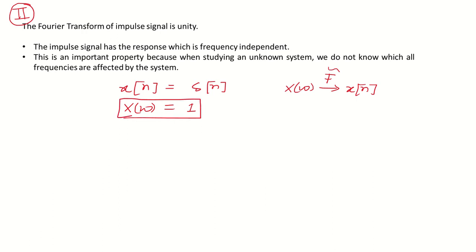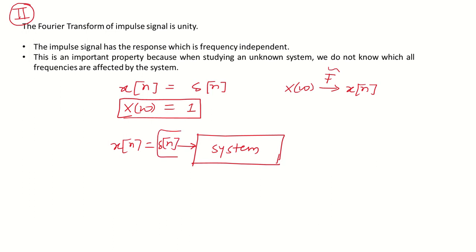Okay, so suppose we have a system, and we want to know the characteristics of this system. So if we apply a signal which is equal to the impulse signal del n, now we know by the properties that this del n is frequency independent.